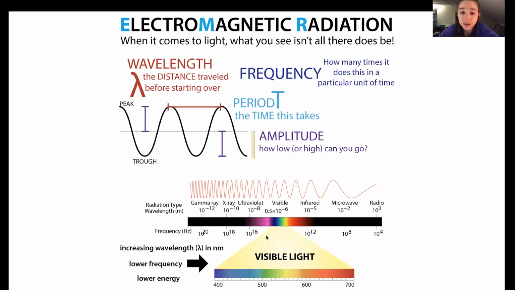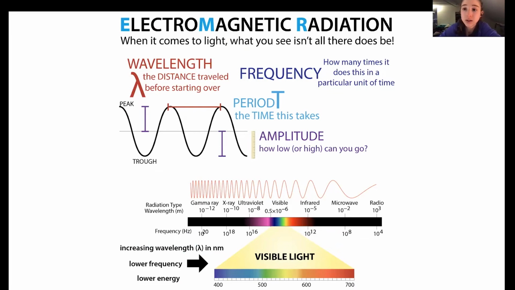We often think about light as visible light, but that's just a tiny portion of the electromagnetic radiation spectrum. The color of the light corresponds to the wavelength, how long the wave is, and the frequency.